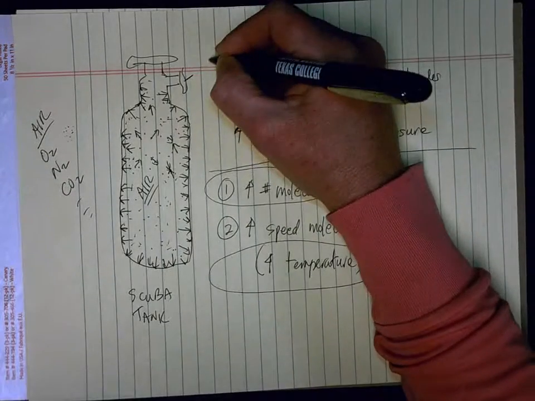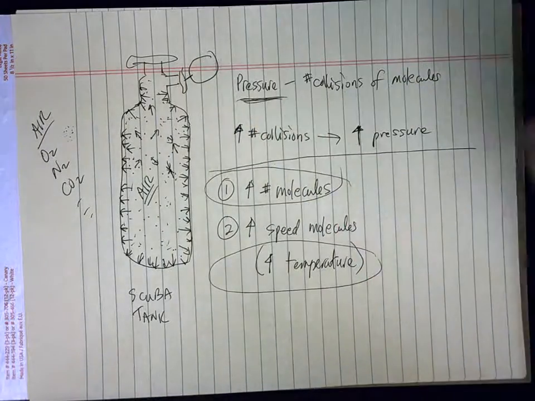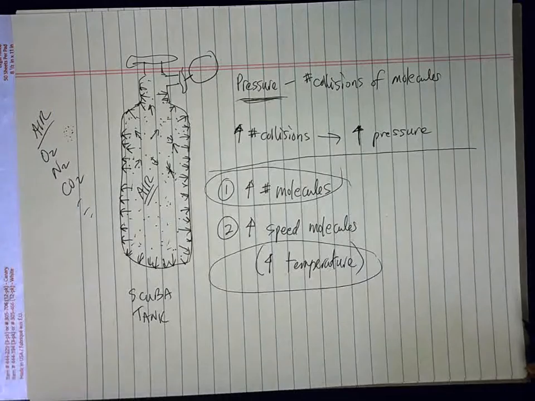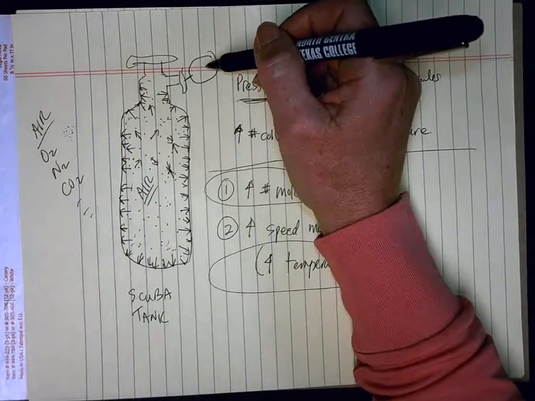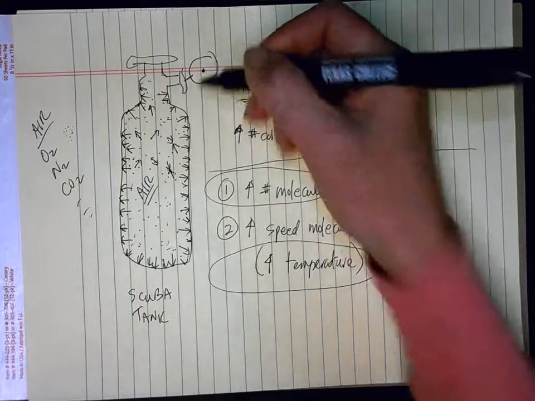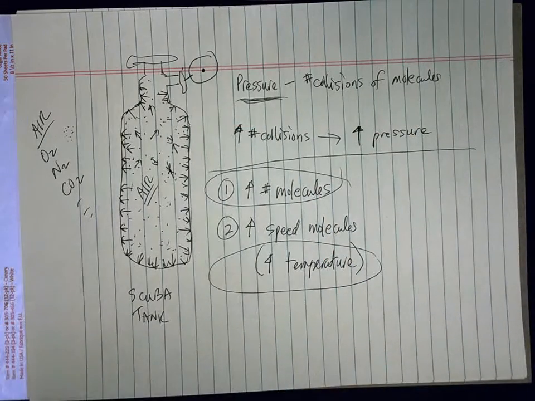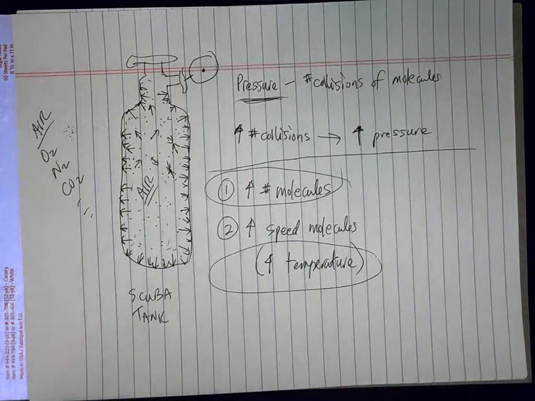And I think we're all familiar with this, if you've ever been scuba diving: there's a pressure gauge on your tank that tells you how much pressure you have. You keep an eye on that when you're scuba diving, because if you run out of air, you're in trouble. The pressure tells you how much air you have left. When you get down to a certain pressure, it's time to end your dive.